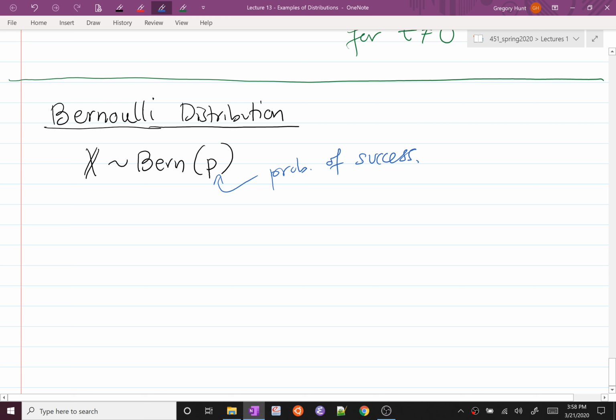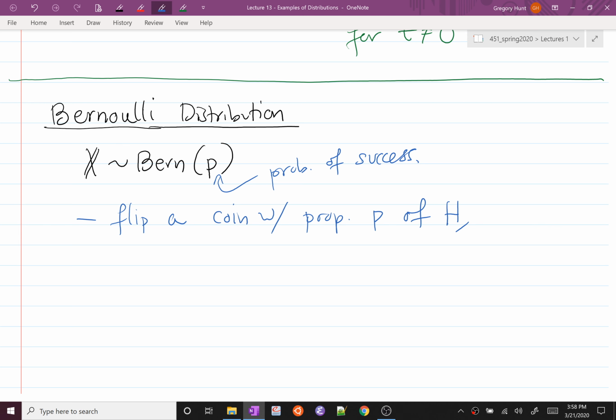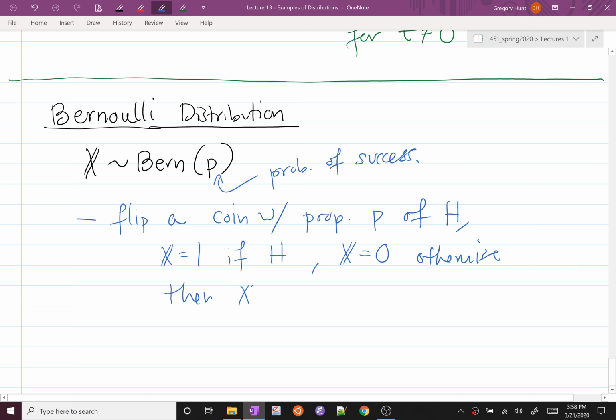And so, for example, if I flip a coin with probability p of heads, then let's say x is equal to 1 if heads, x is equal to 0 otherwise, then x has a Bernoulli p distribution.